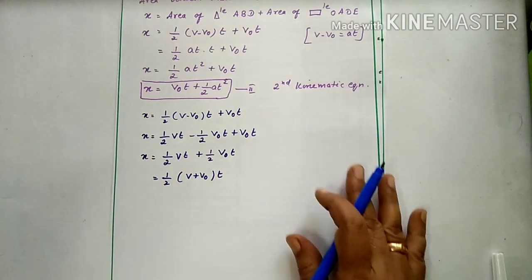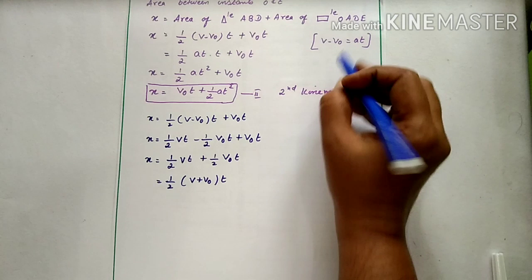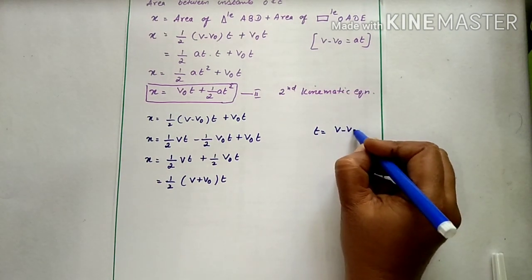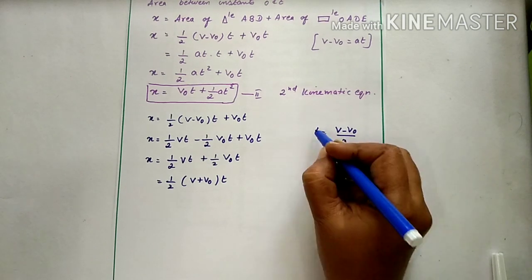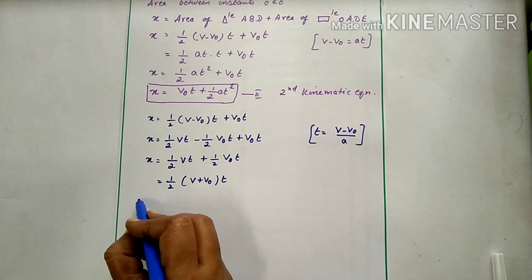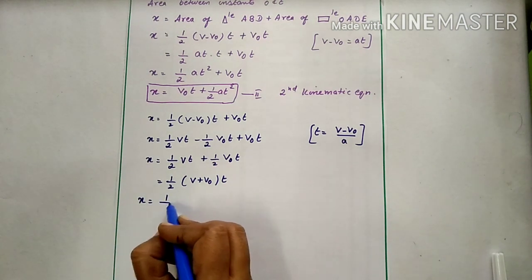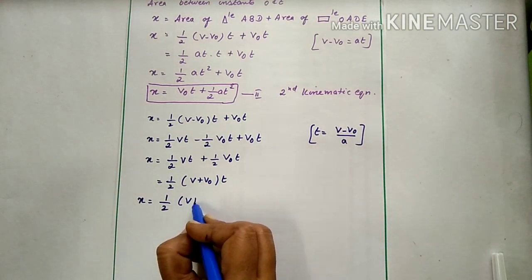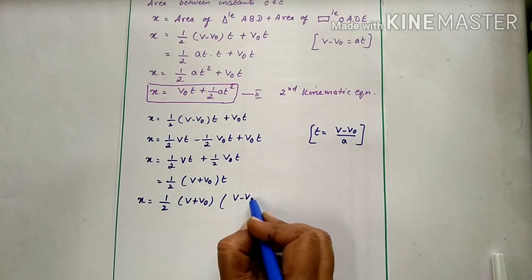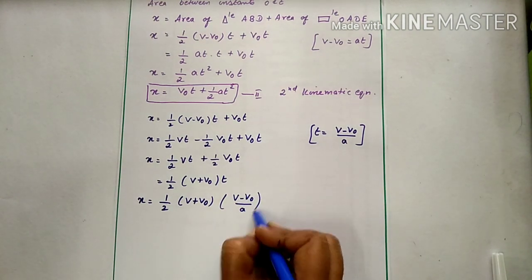From this equation we can write t, that is t equal to v minus v0 by a. We can substitute this here. So x equal to half into v plus v0 into v minus v0 by a.